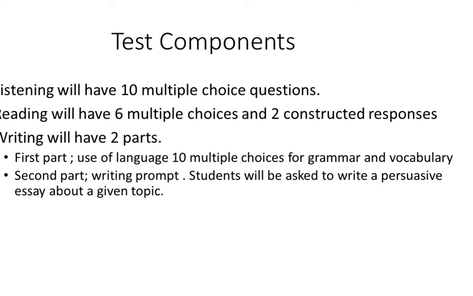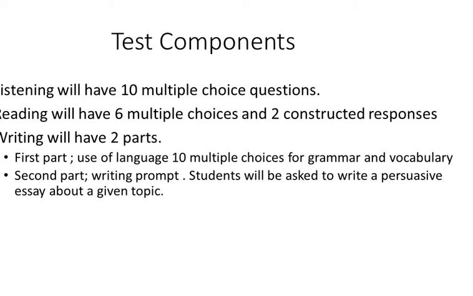The reading will have 6 multiple choices and 2 constructed responses. You are going to answer the reading by using the skimming and scanning skills, so try to be careful when using these skills to answer the 6 multiple choices and also the 2 given constructed responses.